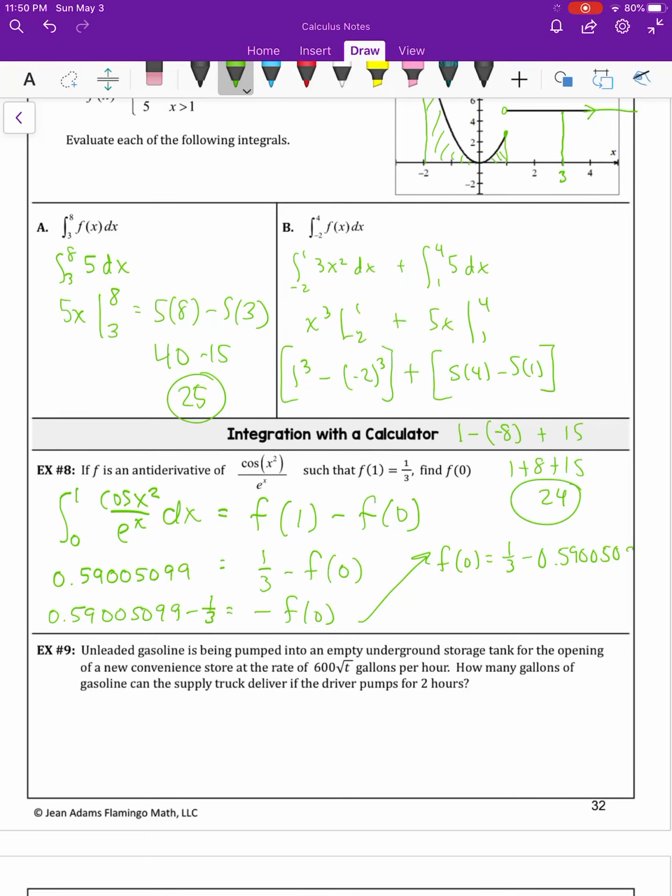And then I divided by -1, which gave me f of 0 equals 1/3 minus 0.59005099. And then I put that in my calculator and got approximately negative 0.2567.